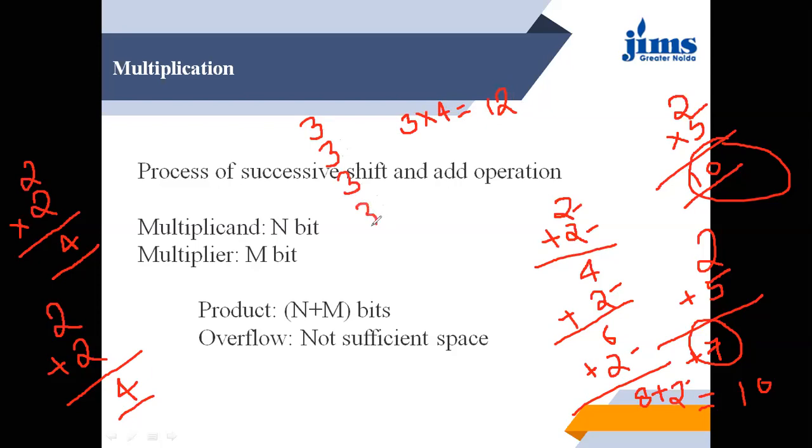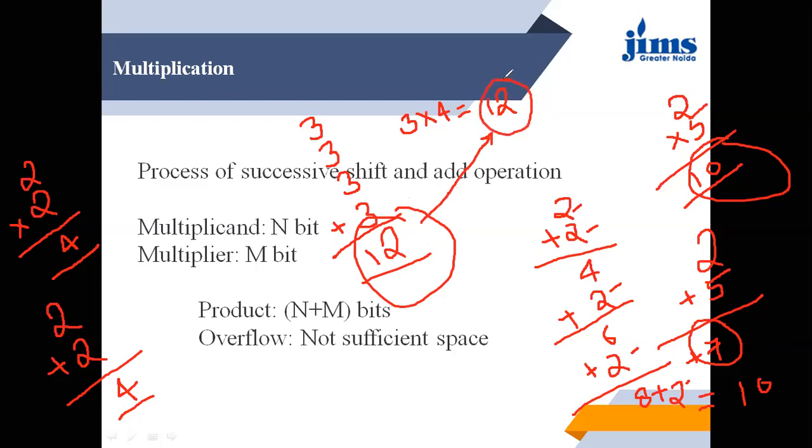So this is 3 plus 3 is 6, plus 3 is 9, plus 3 is 12. So these two results are the same. I hope now you have some idea of what multiplication is and how the process works to multiply two numbers inside the ALU.